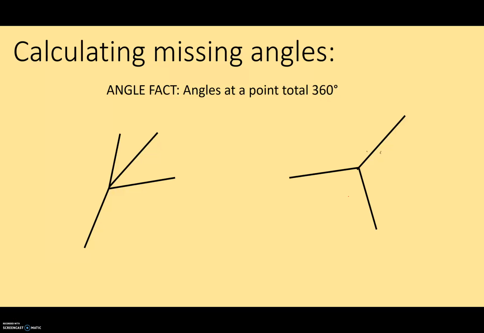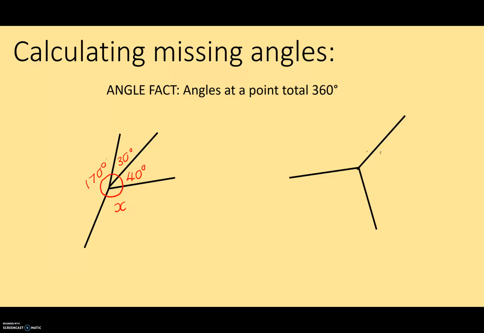Another fact is that if you've got the angles all the way around a point, those must add up to 360 degrees. So if I had a missing angle here called X, and I knew that this angle here was 40, this angle here was 30, and this angle over here was 170 degrees.